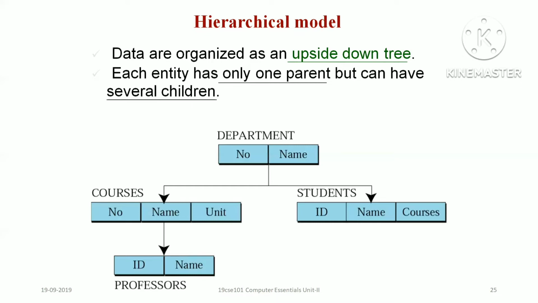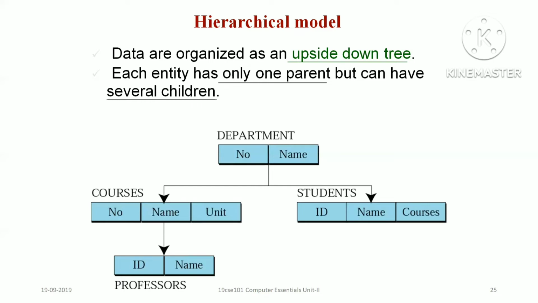A parent node has one or many child nodes, and a child node has only one parent node. Just like a subordinate has one supervisor, right? And one supervisor has one manager. And for the subordinate, the supervisor is the parent.